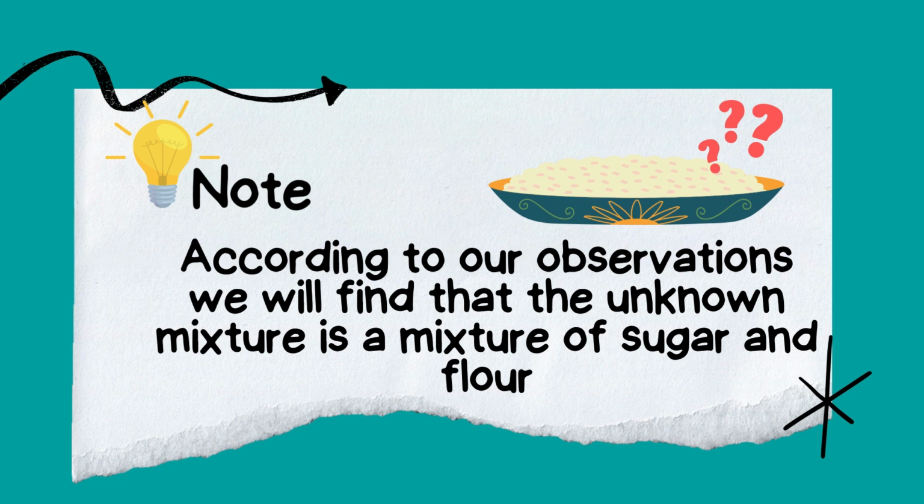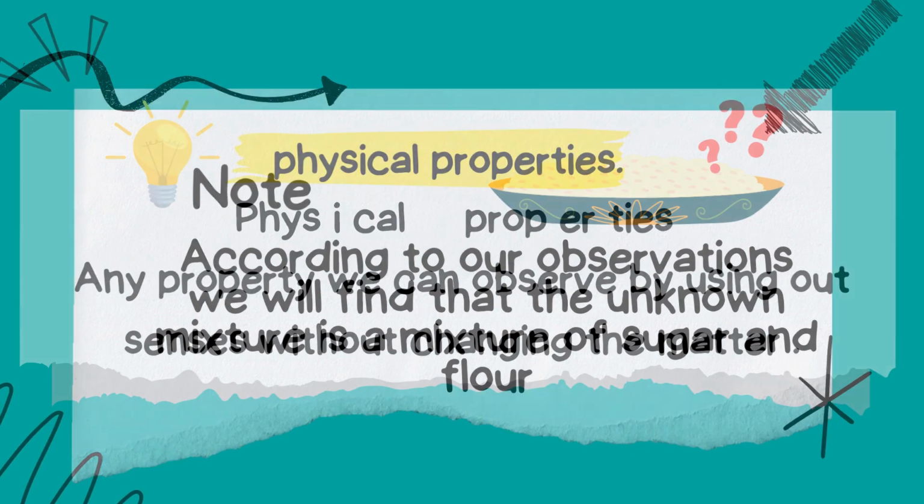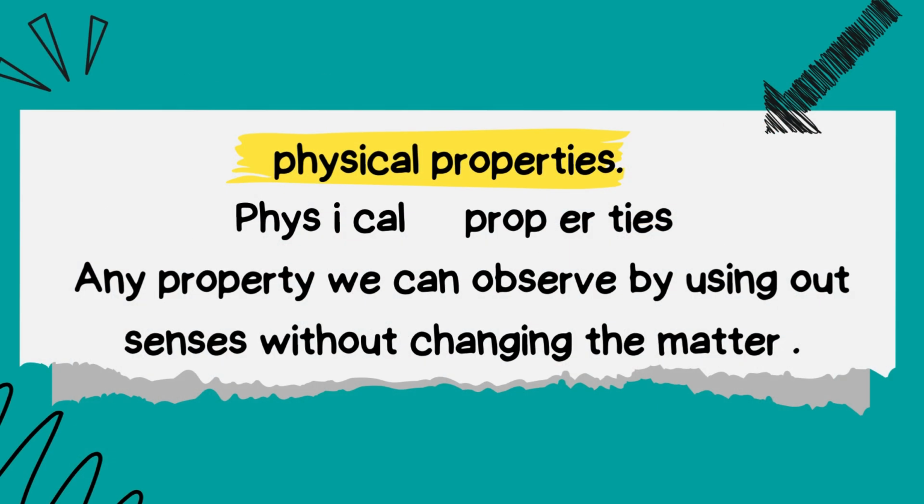We conclude that after we examine the substances and describe their properties, the properties for which we use our 5 senses to know the substance are called physical properties. So what is the meaning of physical properties? This is very important.